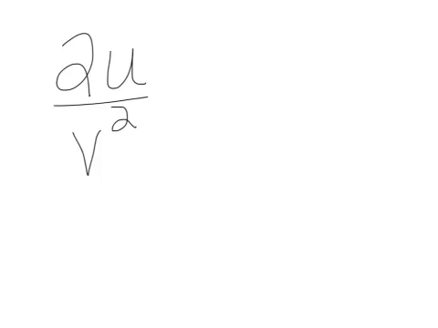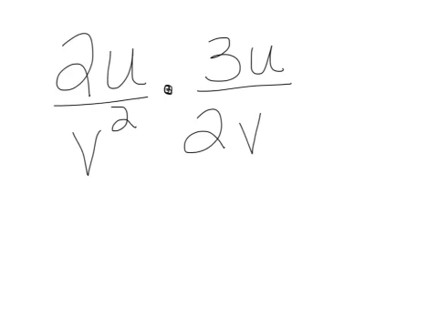Next example. 2u over v squared times 3u over 2v squared. Now we have to remember that both of these are fractions. And to multiply fractions, if we can reduce, we will. If not, we multiply straight across. Well, I see a 2 here and a 2 here.